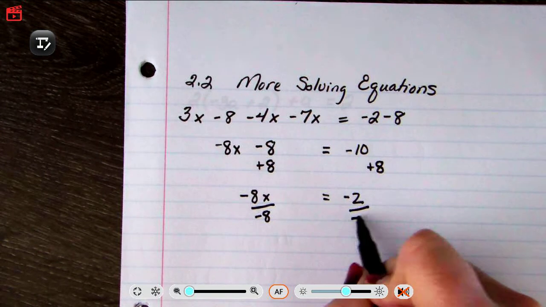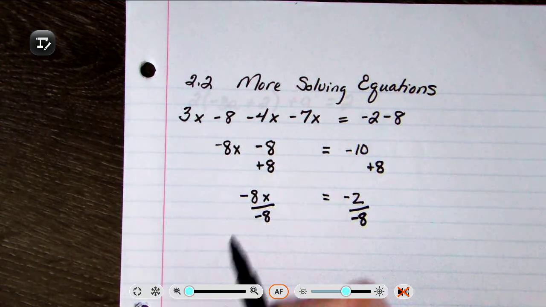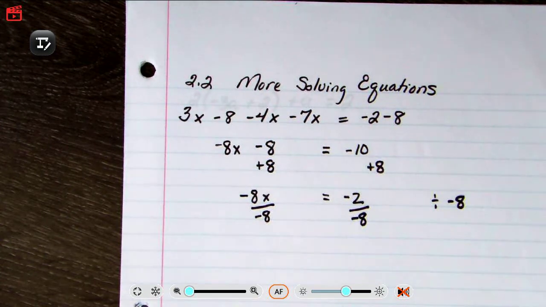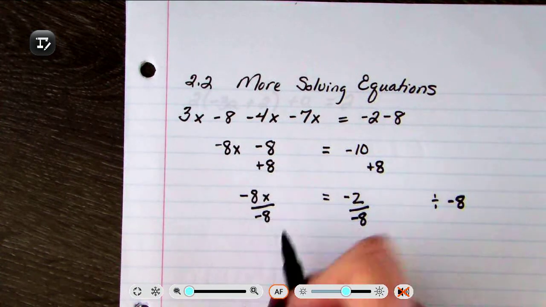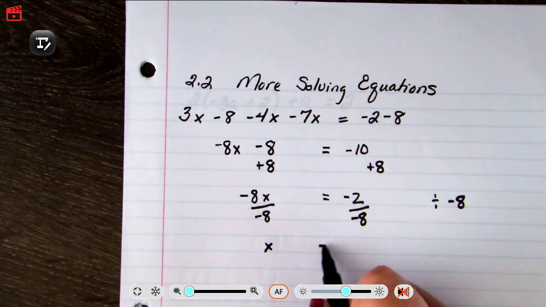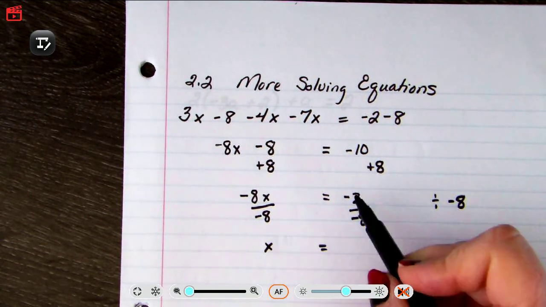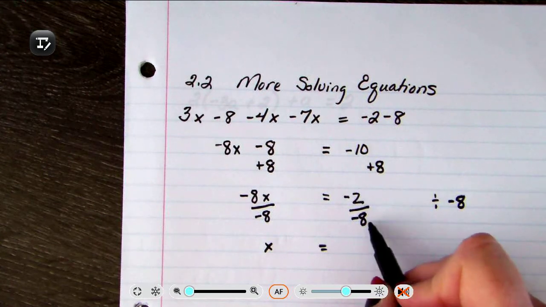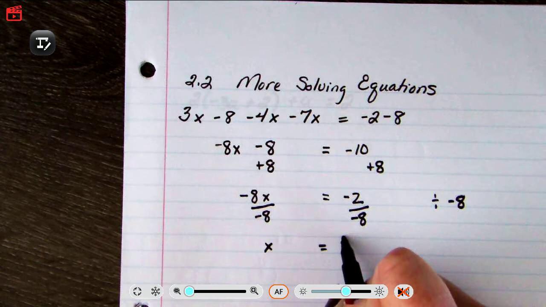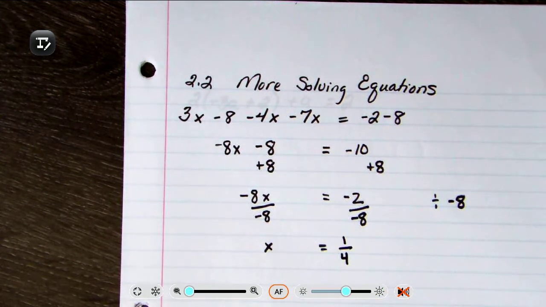And again, what I do to one side, I do to the other. So we are dividing by a negative 8. Here, that negative 8 and negative 8 gives me a 1, so I simply have 1x. And here I'm going to simplify this, a negative 2 over negative 8. The negative over negative is a positive. 2 over 8 is 1/4.